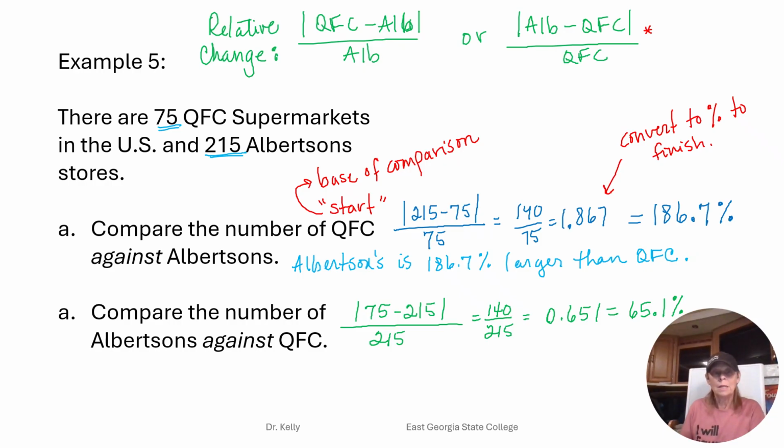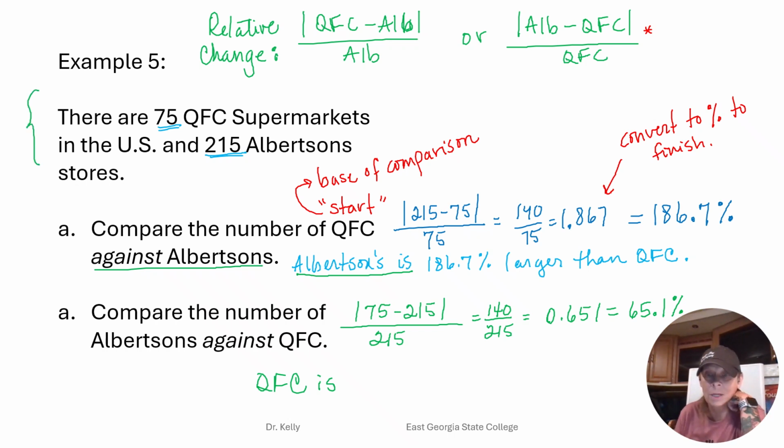Okay. Now, we're comparing, so we're going to start off with KFC is. So here we started off with Albertsons is, because that was what we were comparing against. So this one we're going to start off as KFC is, and then what is it? Well, it's smaller. By looking here, what can we say?